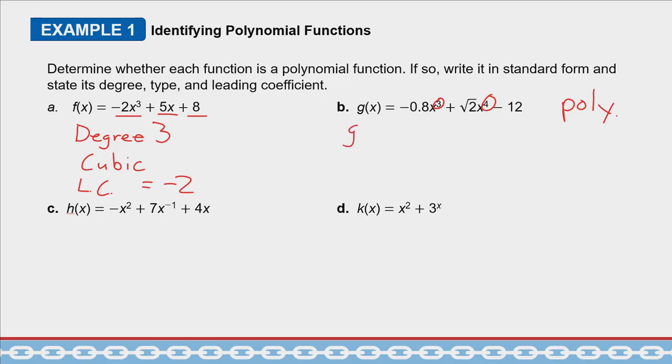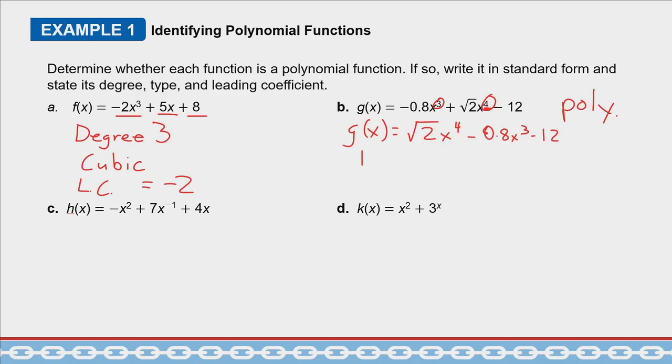So g of x, we need our largest exponent, this 4, to be the first term. Square root of 2 x to the 4th minus 0.08x to the 3rd minus 8. So there's our standard form.